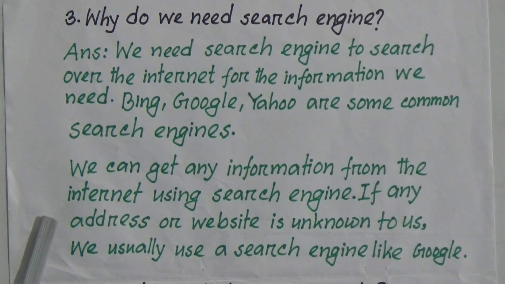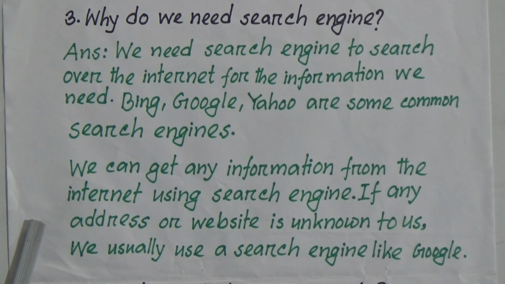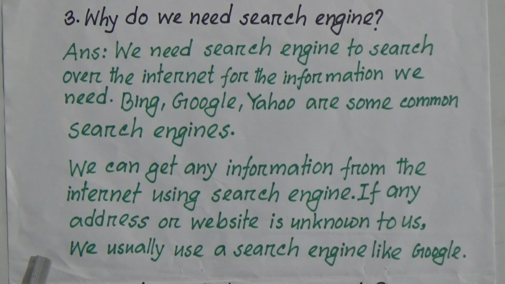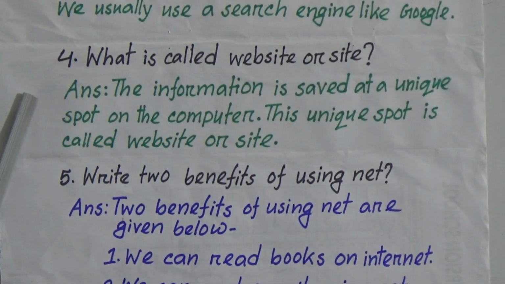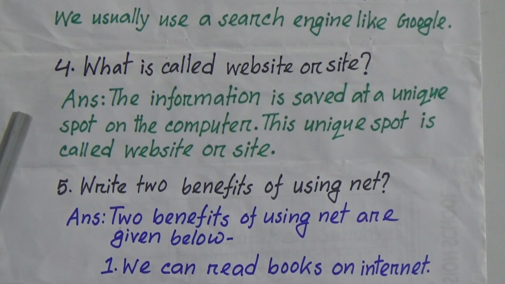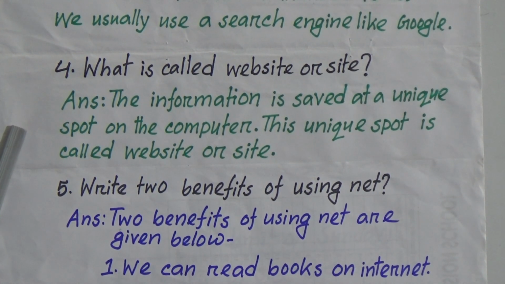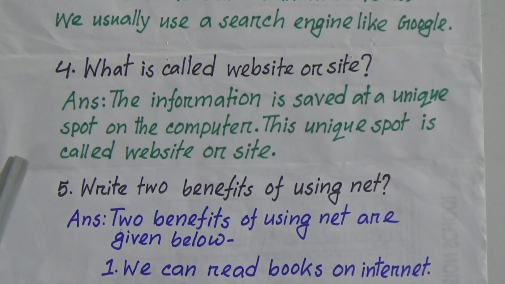If any address or website is unknown to us, we usually use a search engine like Google. Question number 4, what is called website or site? Answer is, the information is saved at a unique spot on the computer. This unique spot is called website or site.